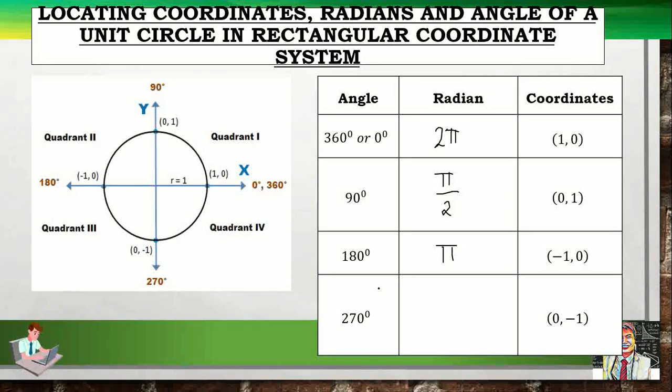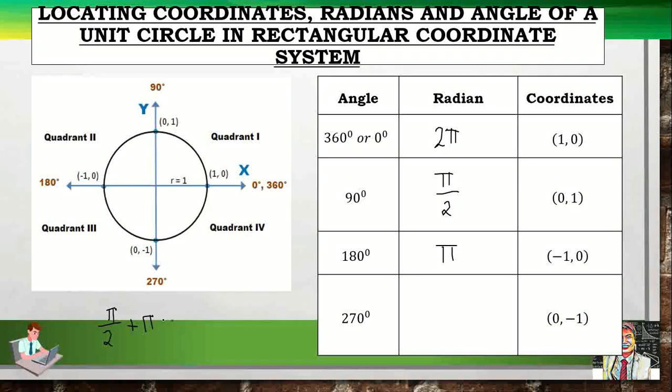So, for 270 degrees, that is equivalent sa 90 plus 180. Tama? 90 degrees plus 180, that is 270 degrees. So, therefore, para makuha lang radians niyan, add nyo yung 90 sa 180. So, that is pi over 2 plus pi.